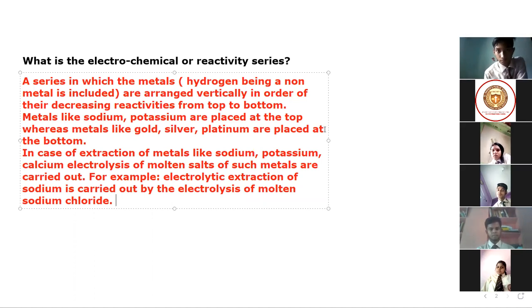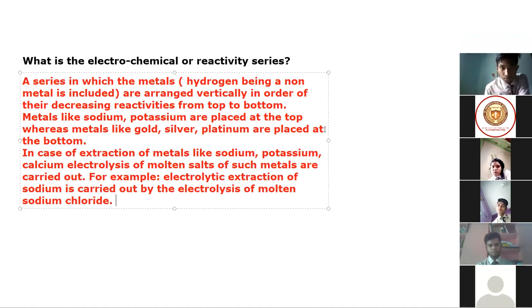So you can now understand that if you really want to extract metals like sodium, potassium, calcium, you have to electrolyze a molten salt of such metals. Okay, next.